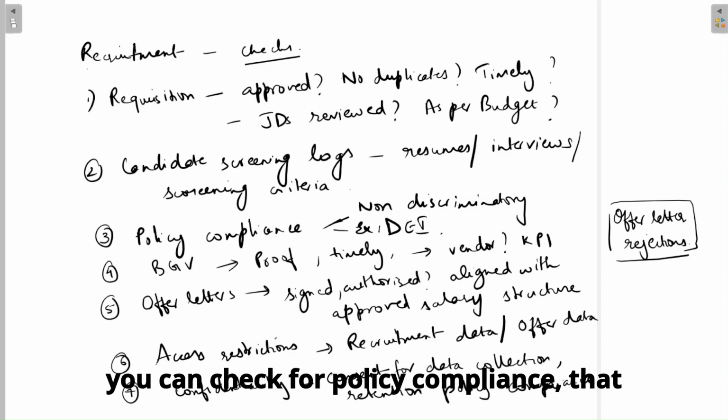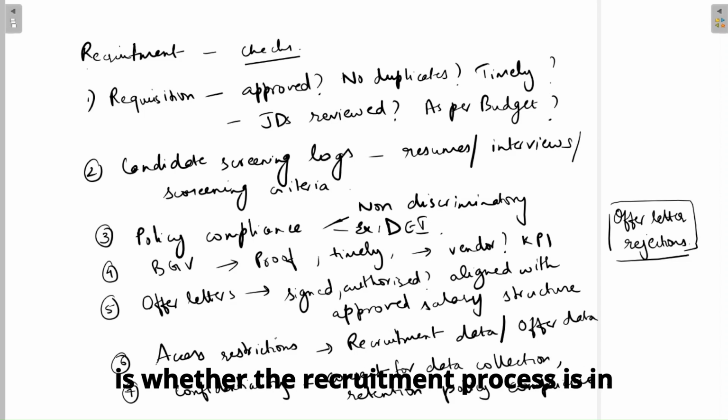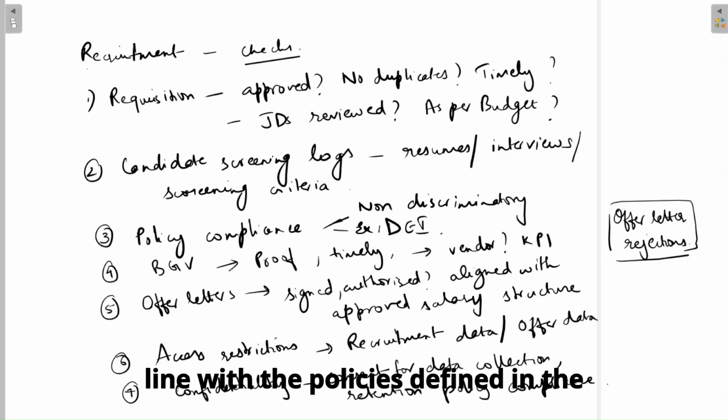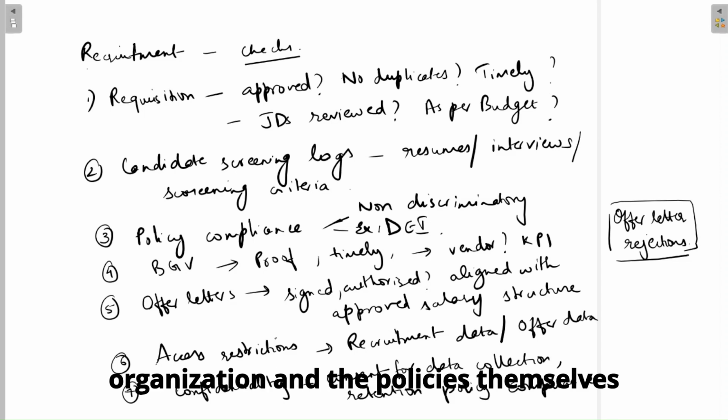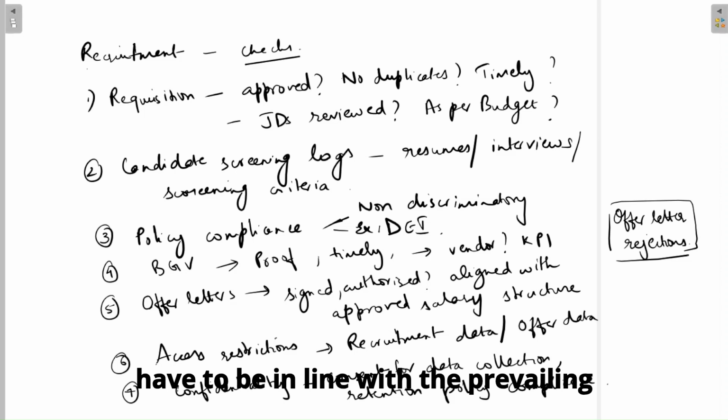Next, you can check for policy compliance, that is whether the recruitment process is in line with the policies defined in the organization, and the policies themselves have to be in line with the prevailing rules and regulations.